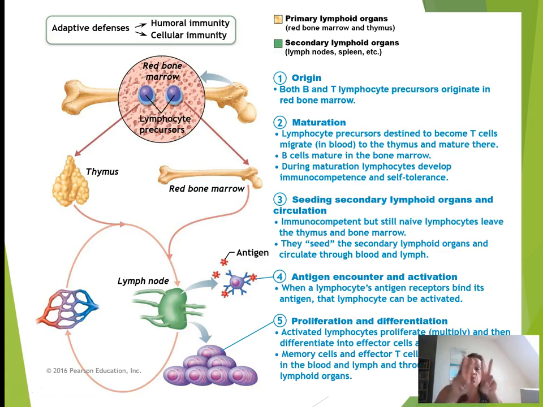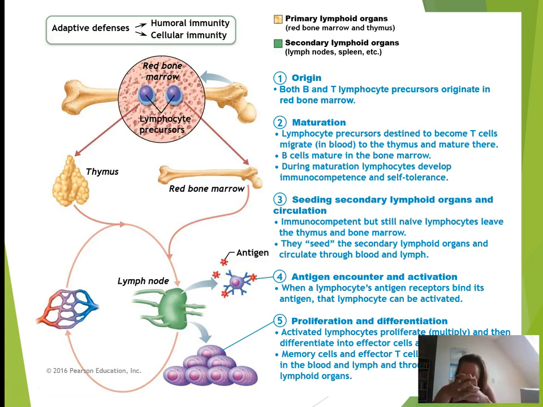This is where those lymphocytes have to make a decision. If they go to the thymus, then they are going to become T cells. T cells mature in the thymus, so T for thymus. If the lymphocyte is going to become a B cell, it will mature right where it is in the bone marrow. And basically what they're going to do is develop something called immunocompetence and self-tolerance.